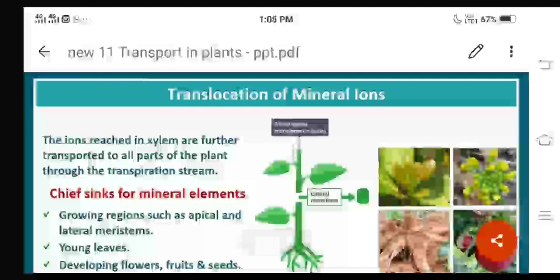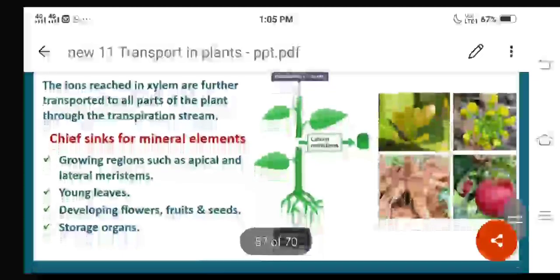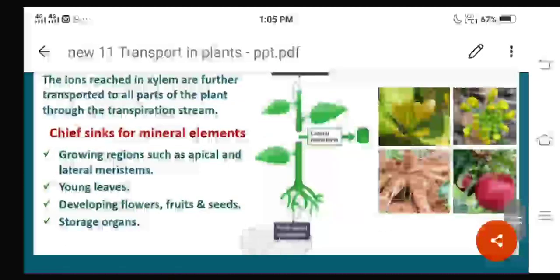Okay, and in a plant we are going to understand some important terminologies here: chief sinks for mineral elements. Here in a plant, we are going to use two important terms. One is called the source, and the other a sink. In plants, the photosynthetic region is called the source, and the utilization region is considered as the sink, right?